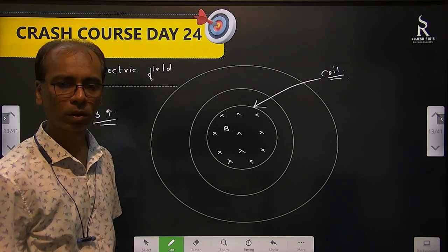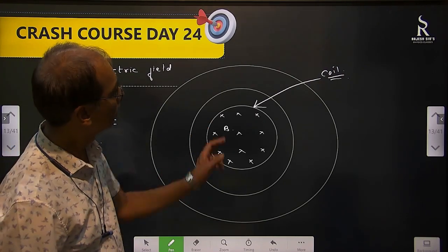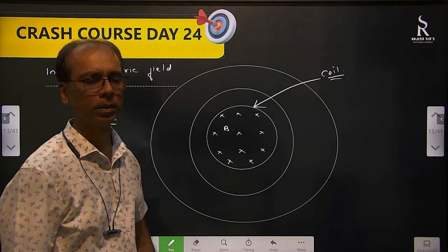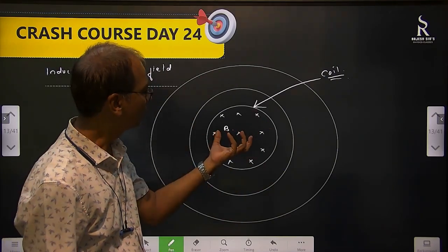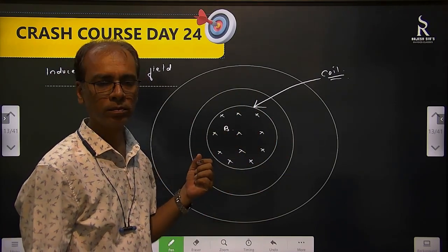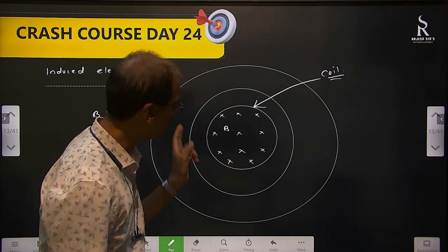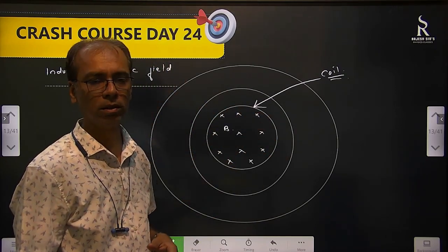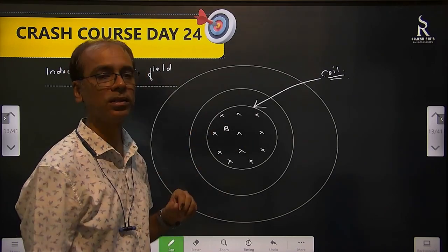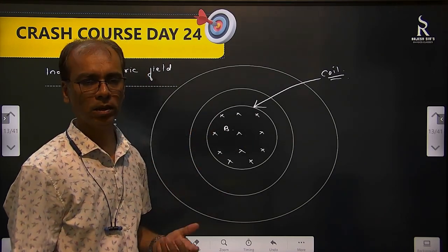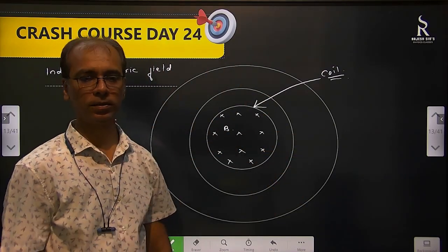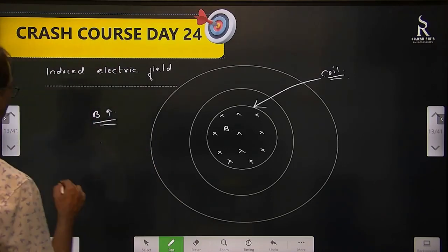Now, if this is also a coil or loop, does this area also belong to the area of the first one? Yes, why not? So can I say that through this second ring also flux is changing? Obviously. So will EMF be induced in this also? Yes. Will EMF be induced in this larger one also? Yes.